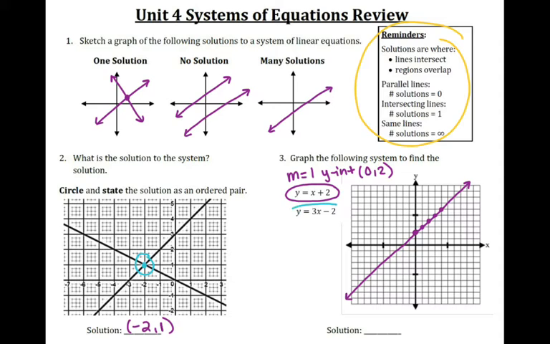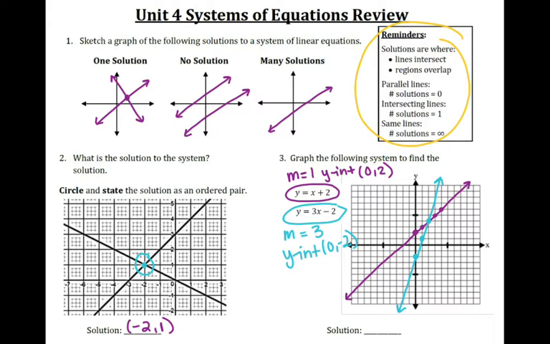For my second line, which I'm going to do in blue so you can distinguish between the two, my slope is 3 and my y-intercept is 0, -2. So I'm going to start at -2 on my y-axis. My slope is 3, so I'm going to go up 3 over 1, up 3 over 1, and as you can see, I landed right on a point on my purple line, so that is my intersection point.